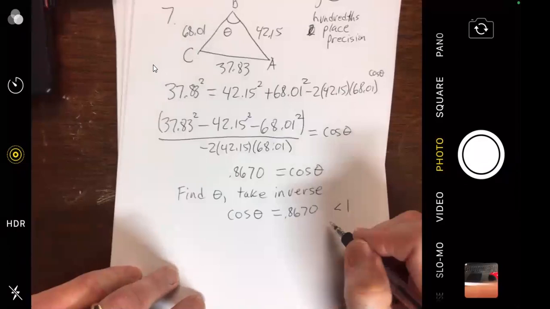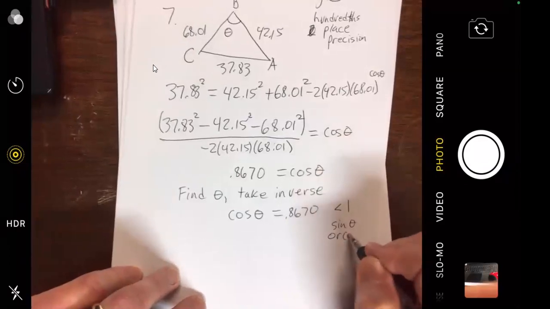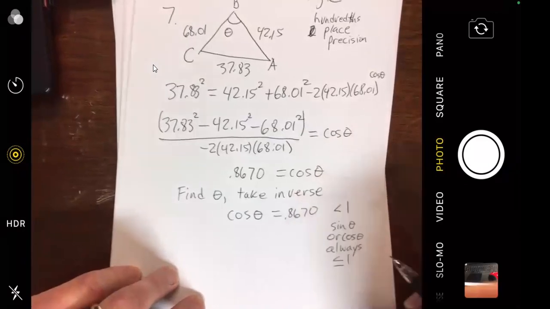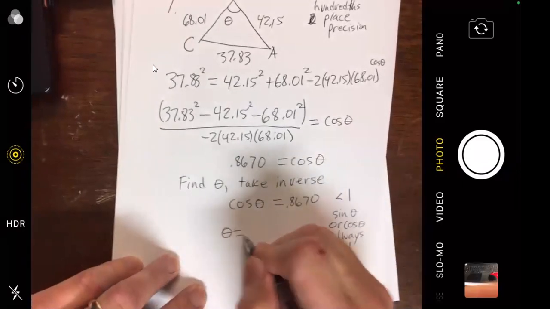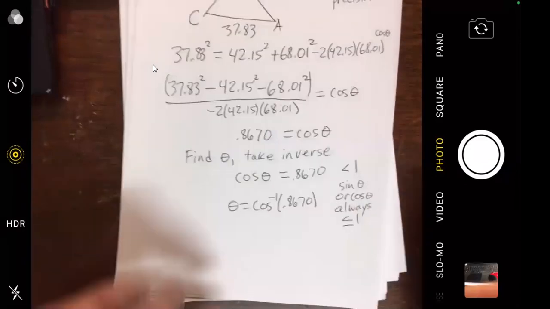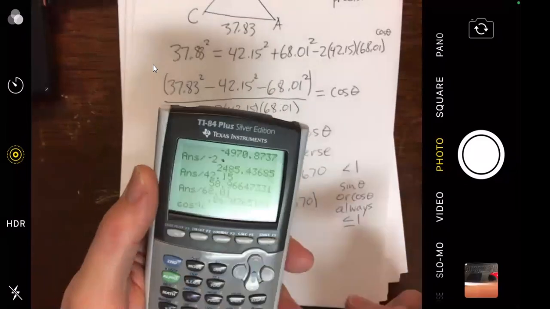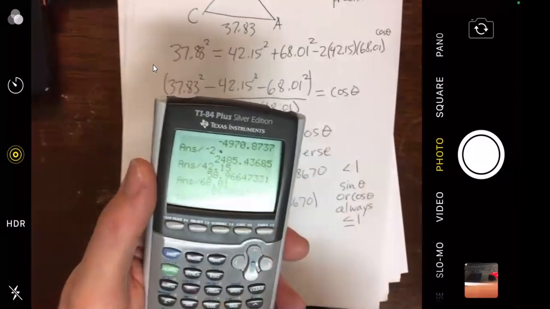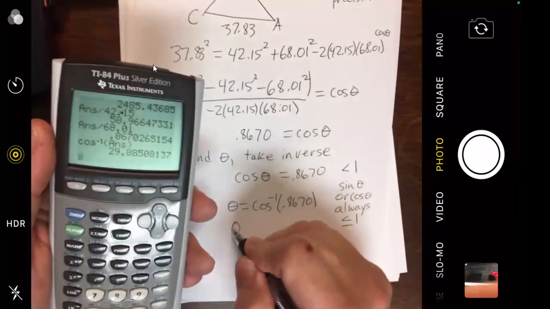Remember, sine theta or cosine theta always less than or equal to 1. Theta then would be the inverse cosine, 0.8670. Cosine. You can do second answer if you want. Answer 29.885 degrees.